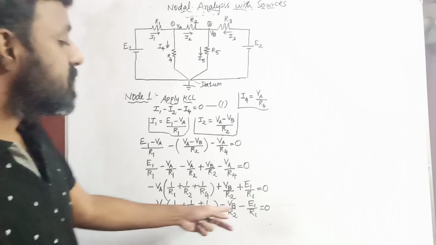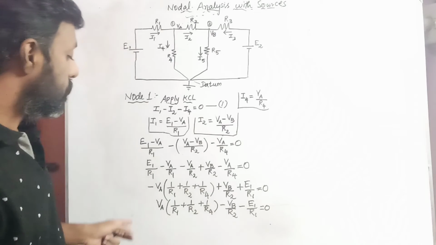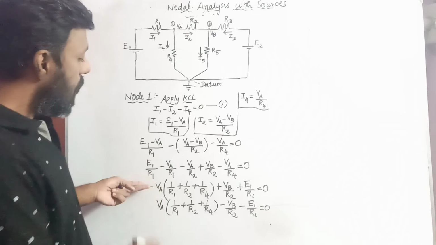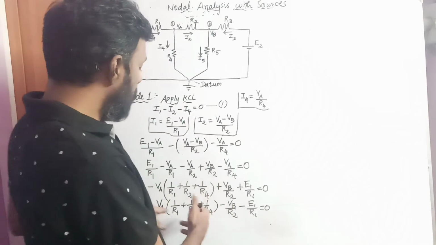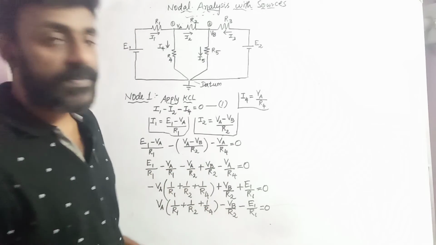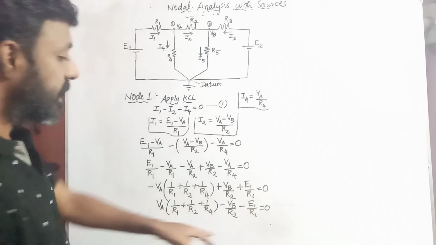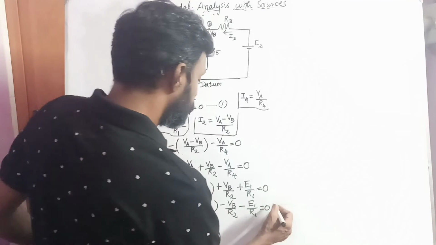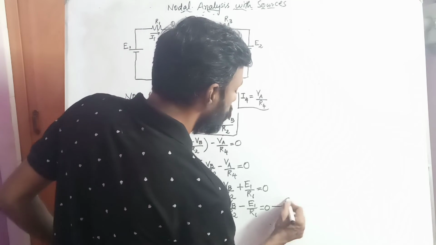So this is the equation which we had formed. I'm changing all the negative signs to positive and the positive signs to negative. So this is the final equation which I had obtained. Let it be equation number 2.